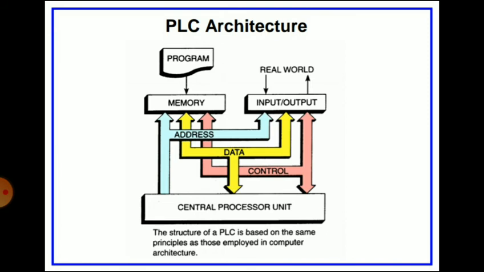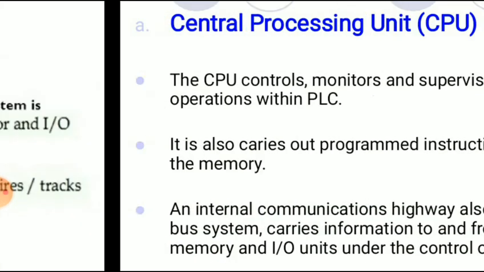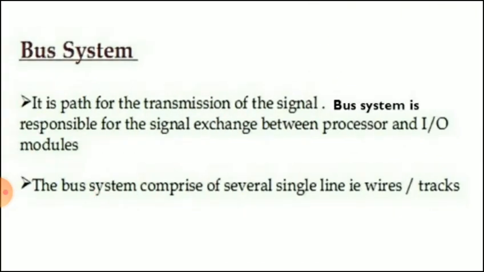Then address buses carry the addresses of locations for accessing stored data. And third is control buses for internal control actions. It is a path for transmitting signals. The bus system is responsible for the signal exchange between the processor and input output modules.